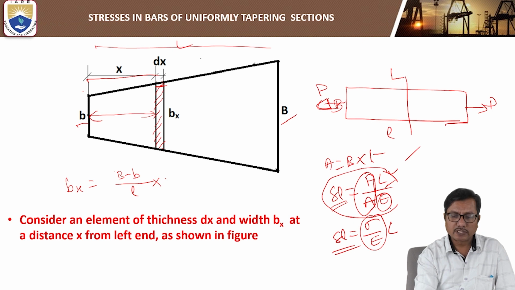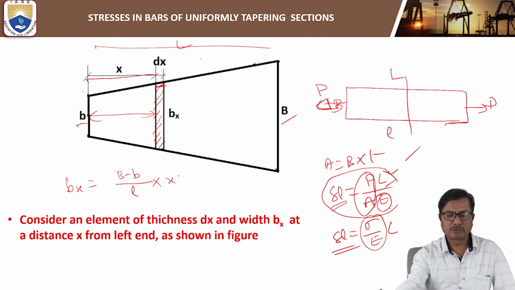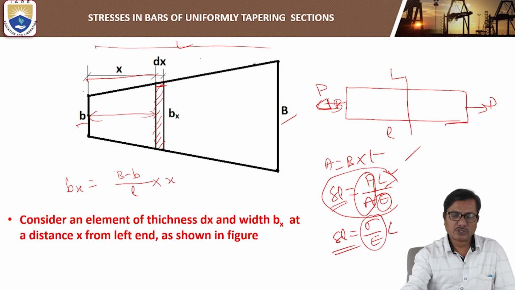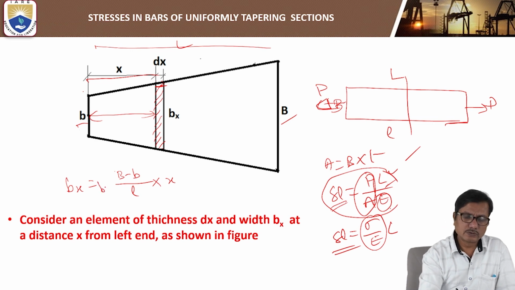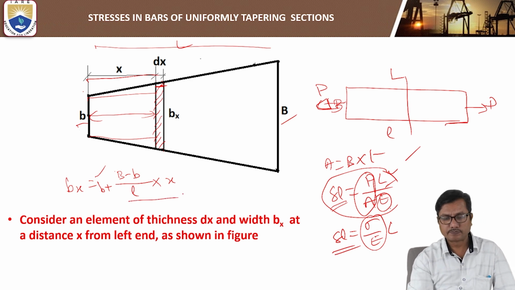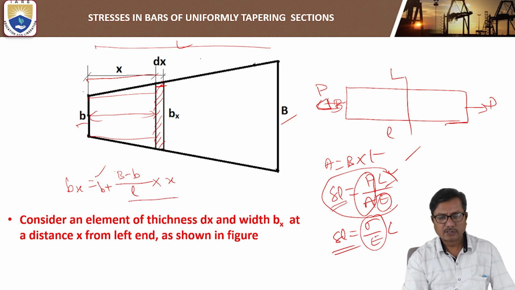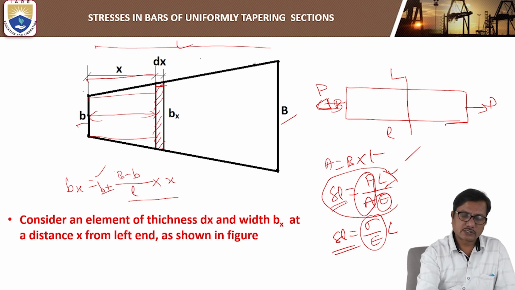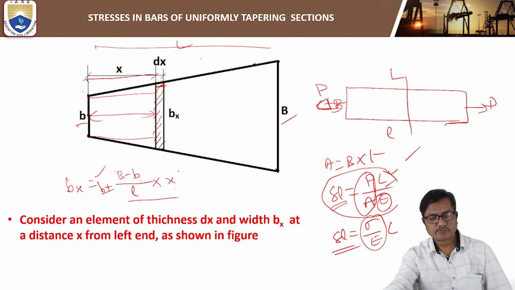In a length of x, it is multiplied by x. Now, the total width is b plus the change in width, that is, b plus (B minus b) by L into x.